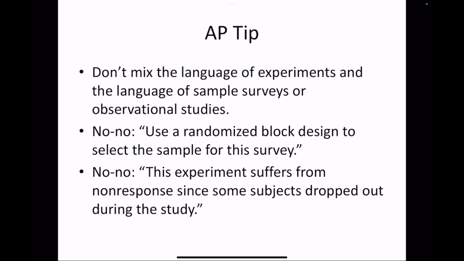And the other no, this experiment suffers from non-response and some subjects dropped out during the study. Non-response is something that refers to when you're trying to give a survey question and people won't or can't respond. That is not what happens at all in an experiment. So you're going to have to try to, in your mind, keep these two ideas separate.